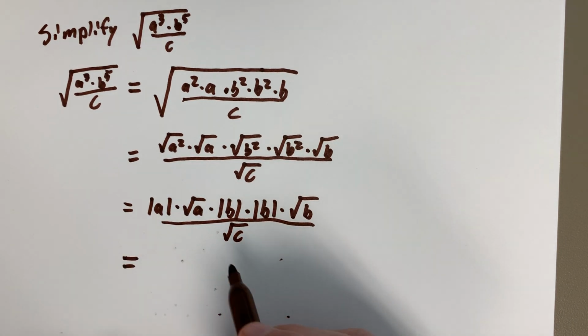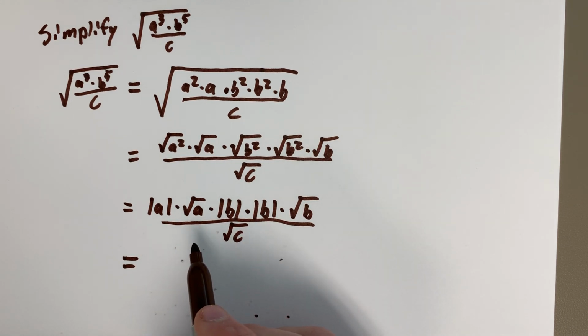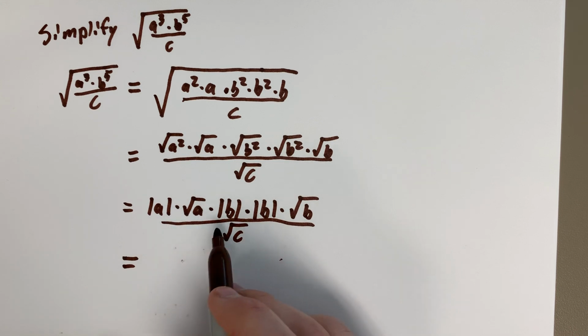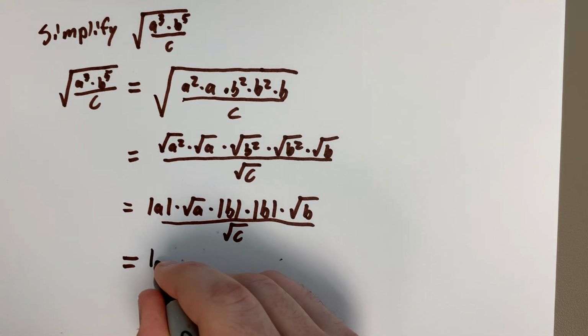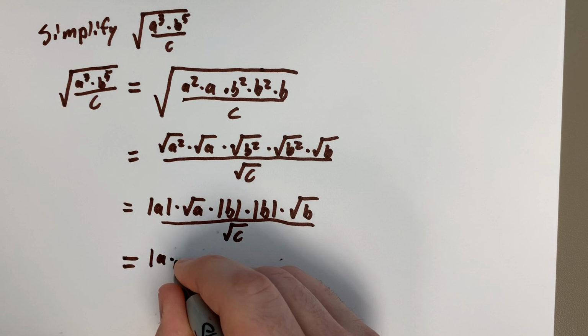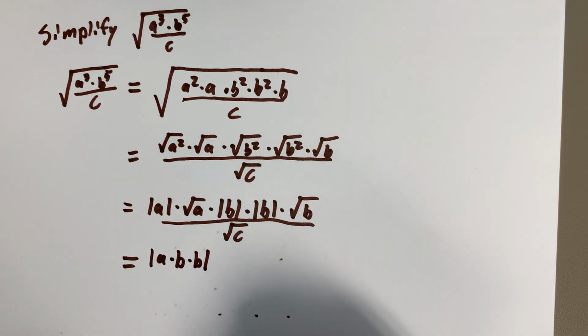So, what do we do now? We have all these absolute values that we're taking here of this a and these 2 b's. It turns out when you have a product of absolute values, you can combine them into one absolute value. So how does this work out? This gives us absolute value of a times b in absolute value bars. So we're just multiplying here, so I can change the order up. It's okay.